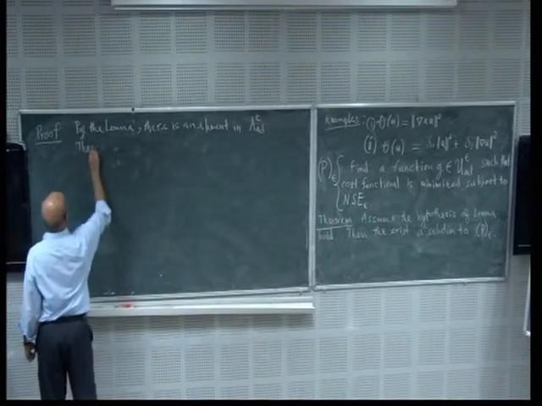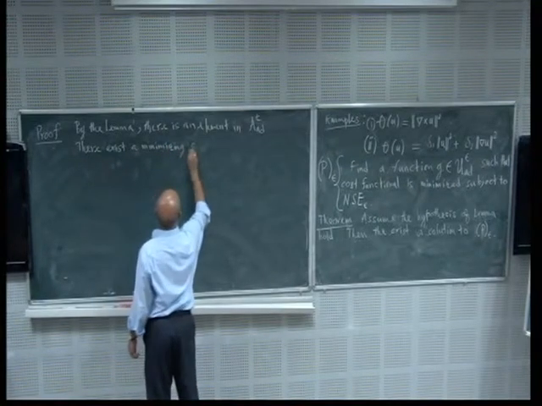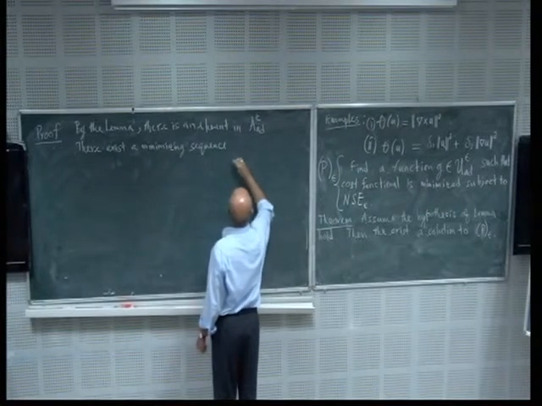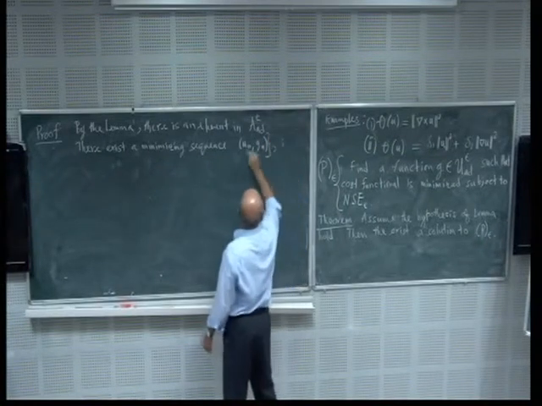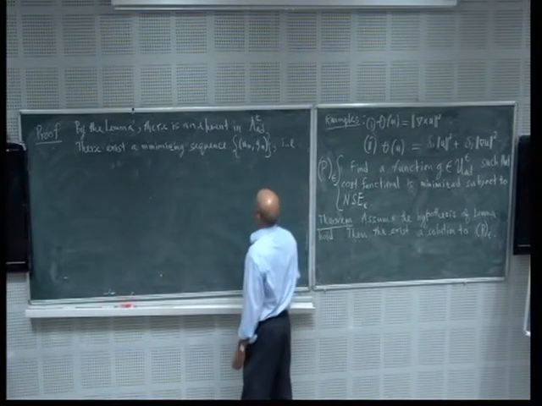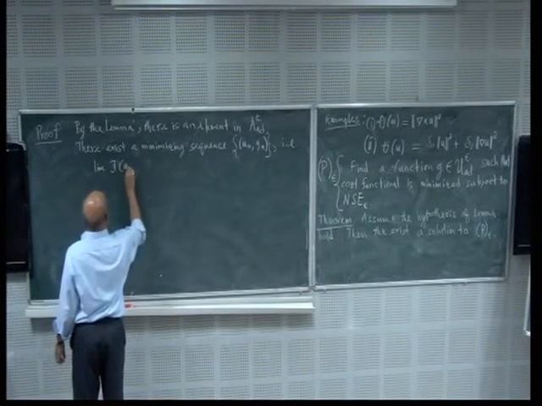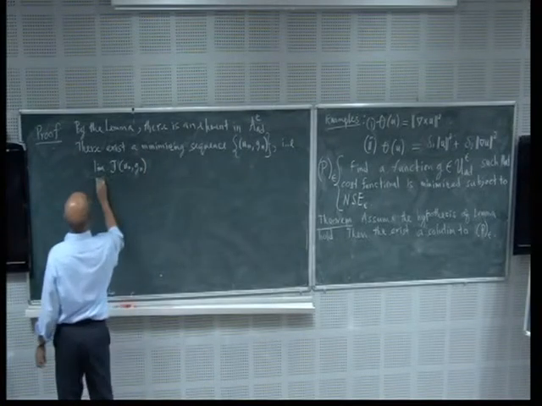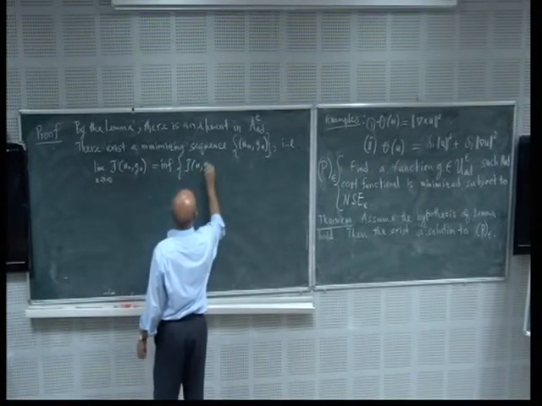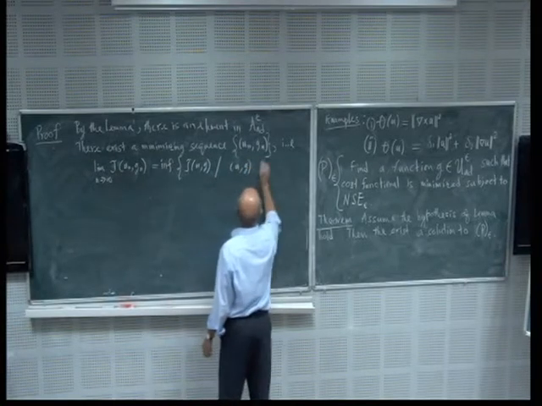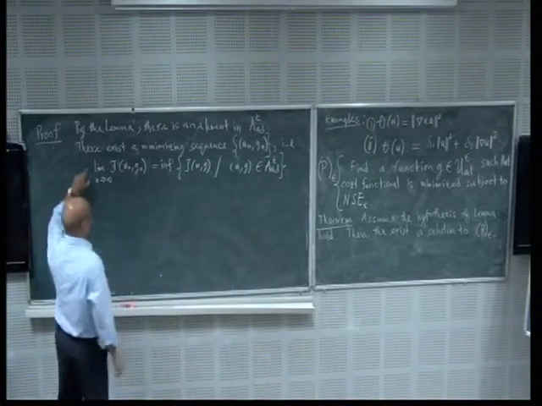So there exists a minimizing sequence (un, gn), that is, the limit of J of (un, gn), as n approaches infinity, is equal to the infimum of J(u, g) such that (u, g) belongs to AD. This is what we mean by a minimizing sequence.